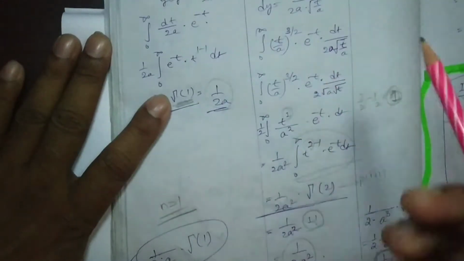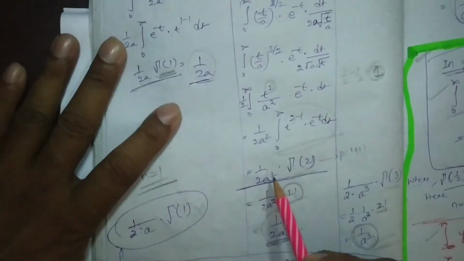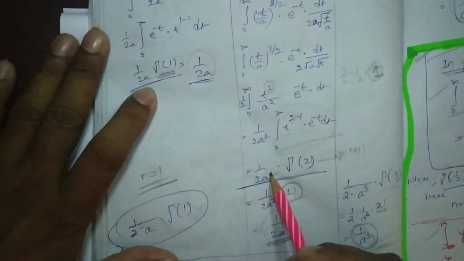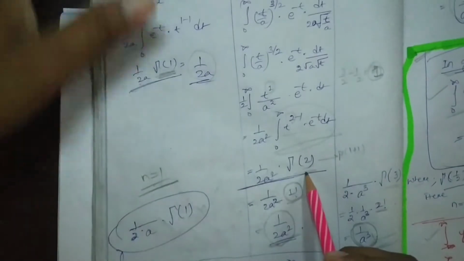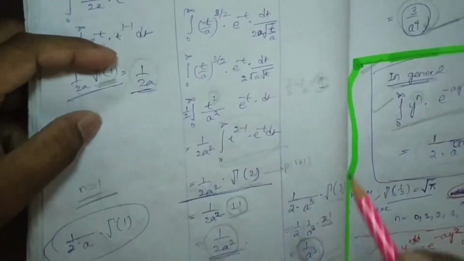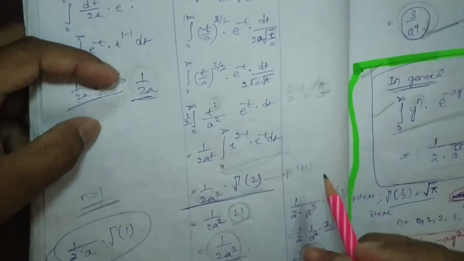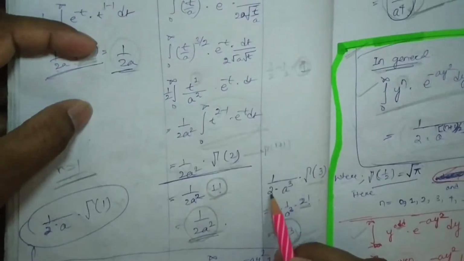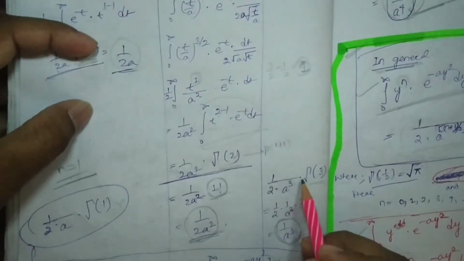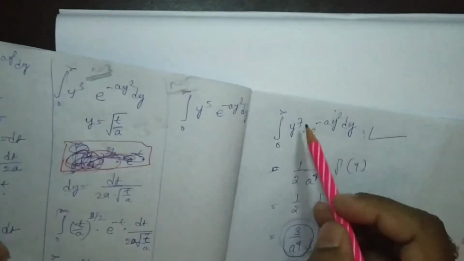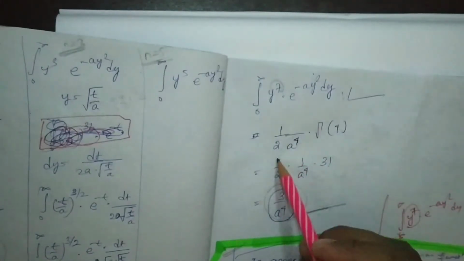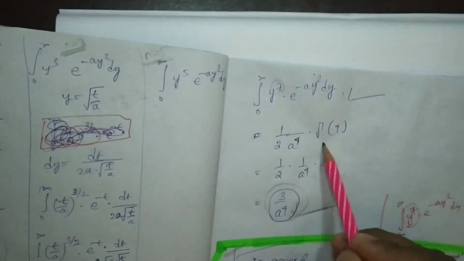For n is equal to 3, we found 1 by 2a square into gamma 2. For n is equal to 5 we found 1 by 2 into a to the power 3 into gamma 3, and for n is equal to 7 we found 1 by 2 a to the power 4 gamma 4.